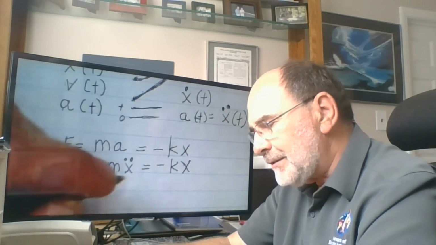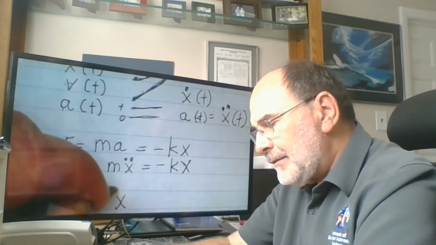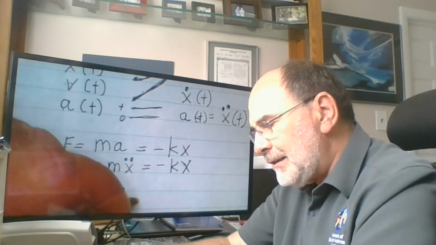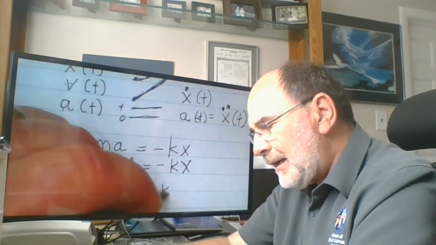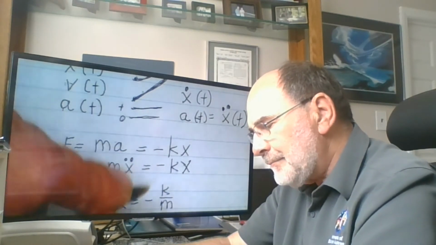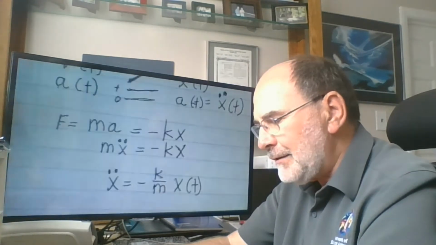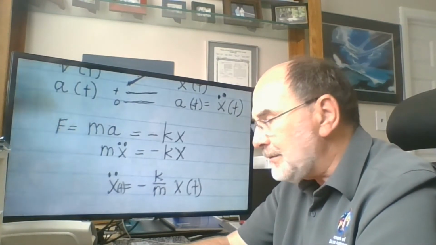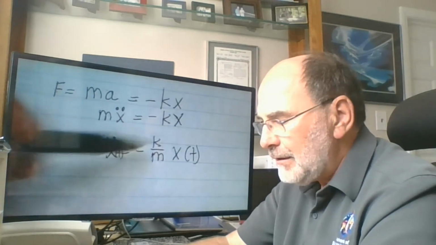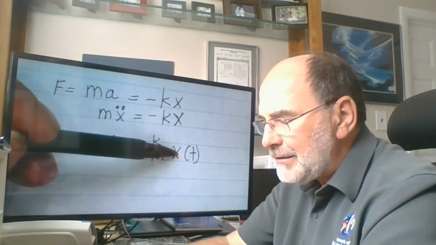So I suppose I could write this as the second derivative is equal to minus k over m times the original function. And here I'm trying to make it clear that this is a function of position as a function of time.